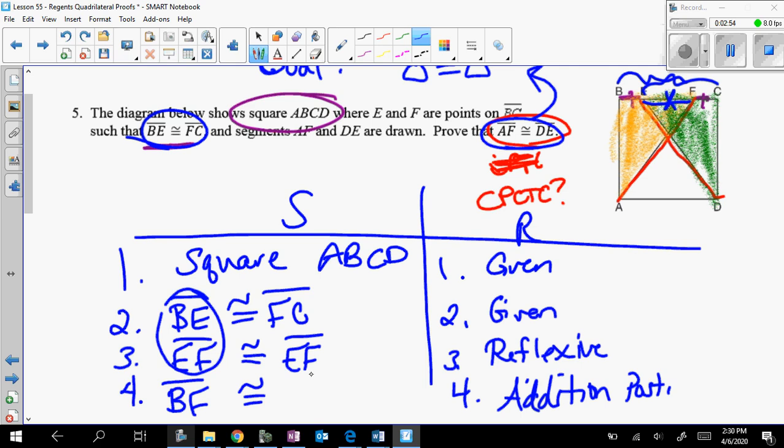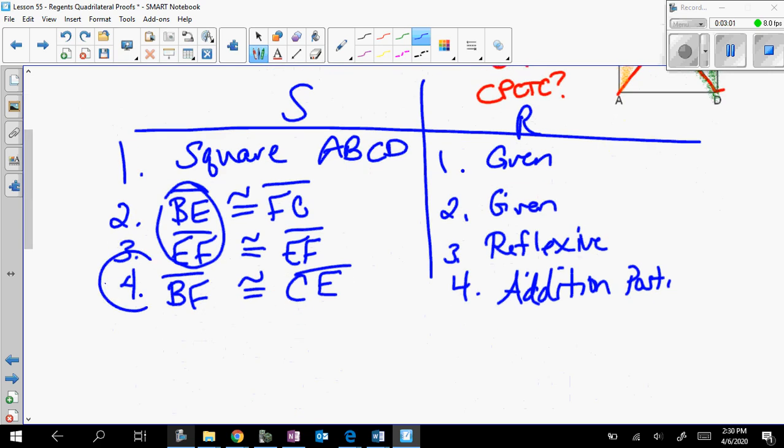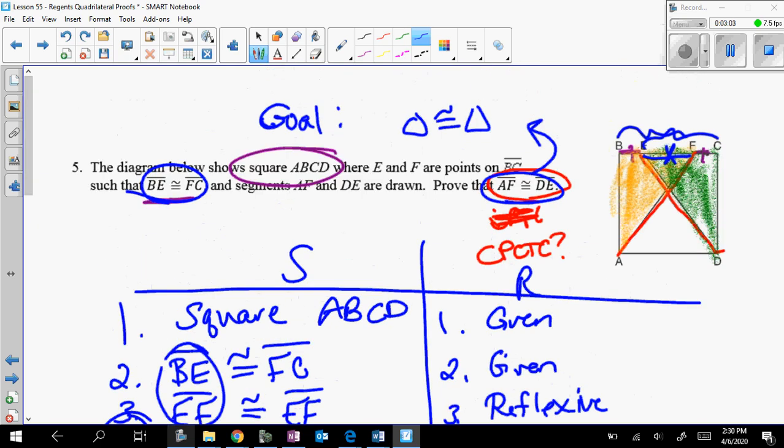FC plus EF is equal to CE. Let me show you over here what's going on. I've got the whole top side of that triangle congruent to the whole top side of the other triangle. It took me 3 steps of addition postulate to do that.